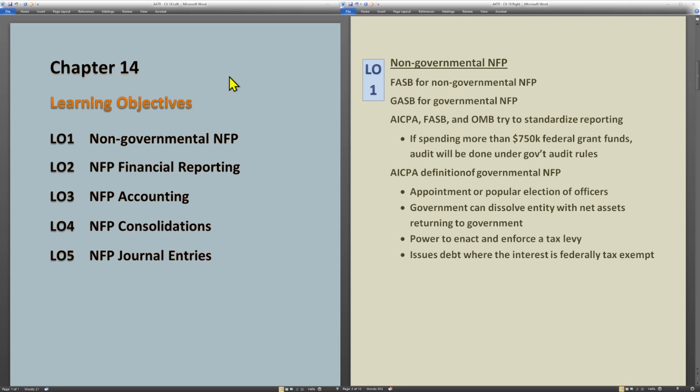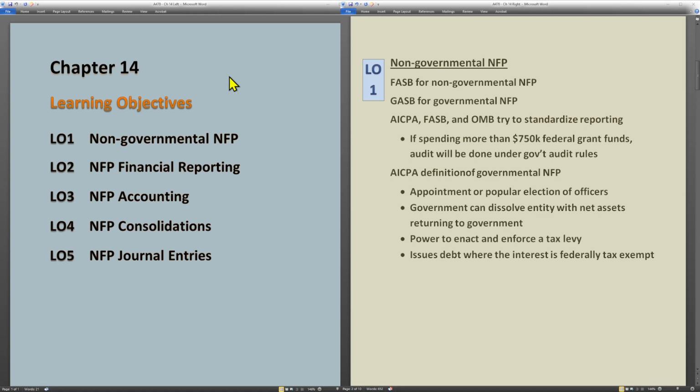So FASB is the organization that sets the rules for non-governmental not-for-profit, and GASB, the governmental standards, are for governmental NFP. And we will get to governmental NFP when we talk about the governmental agency.